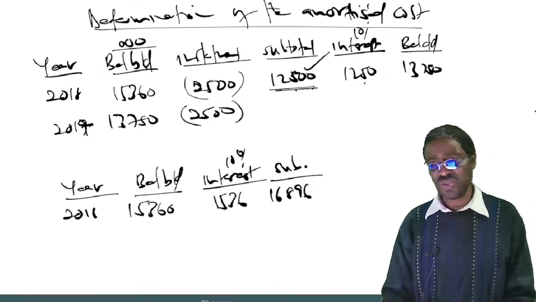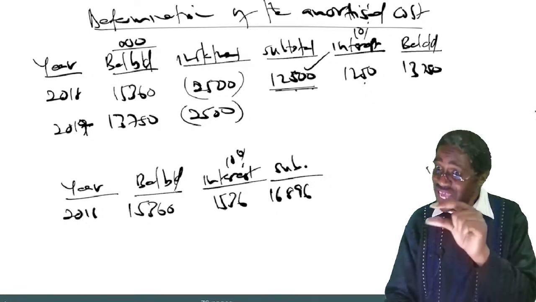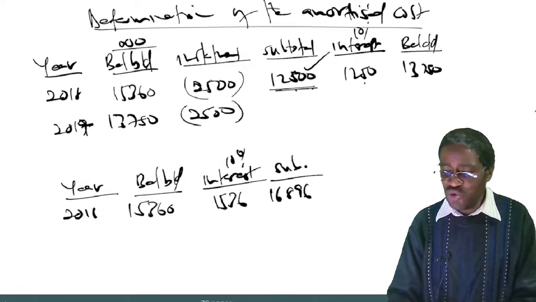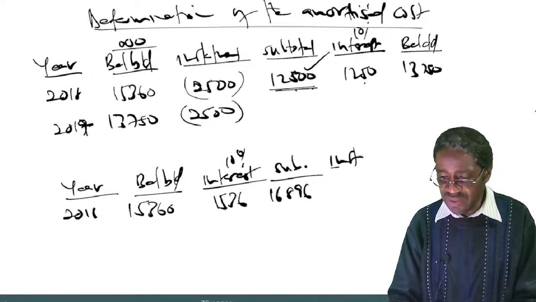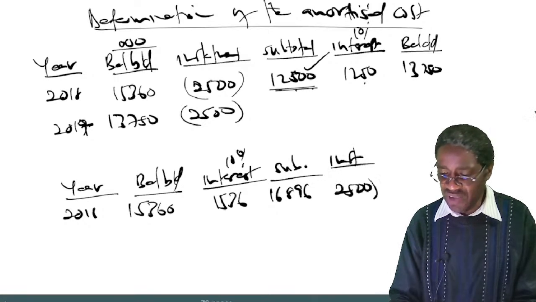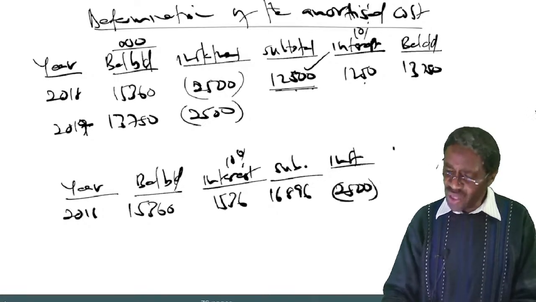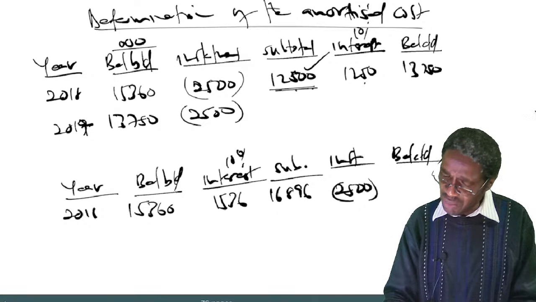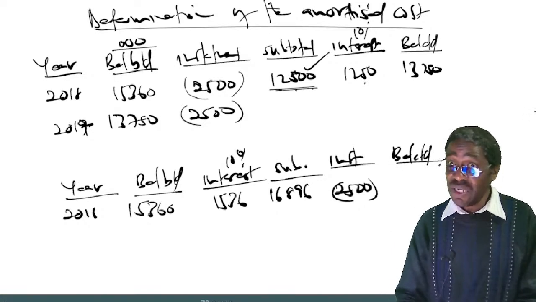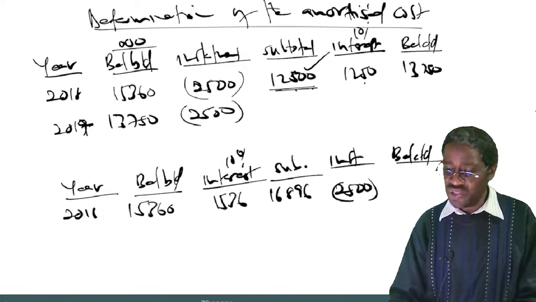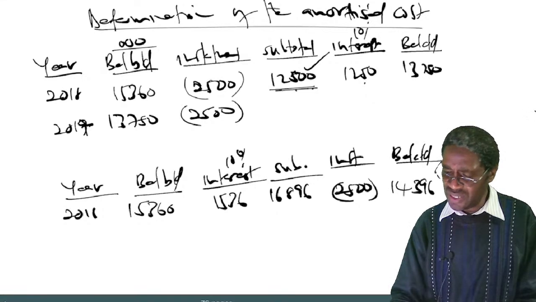Let me assume so. Listen, then come the end of the year, you pay the installments of how much? 2.5. Then you carry down the balance. How much? 16,896 minus 2.5, that leaves you with something like 14,396.